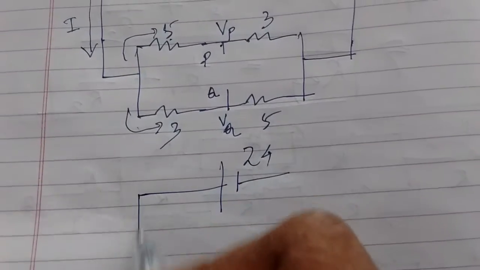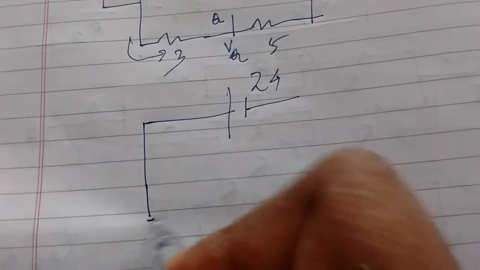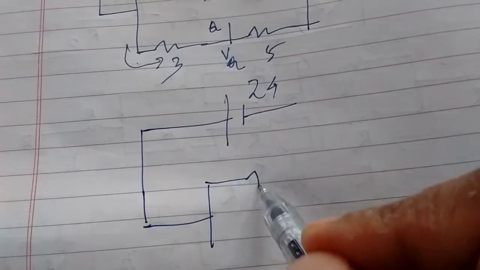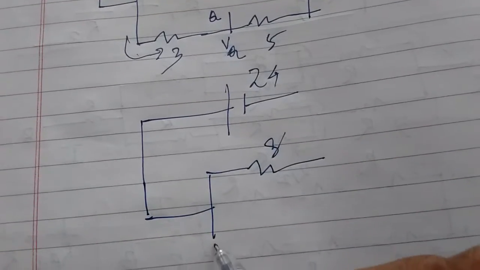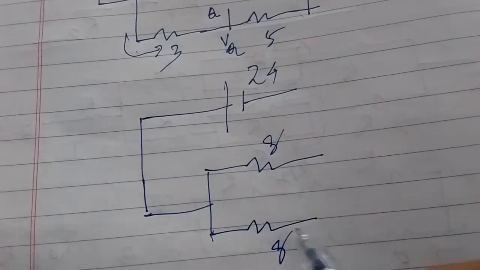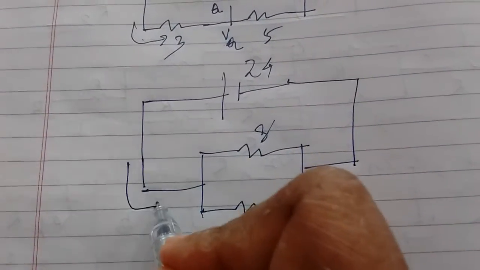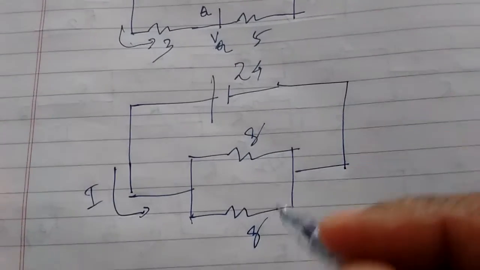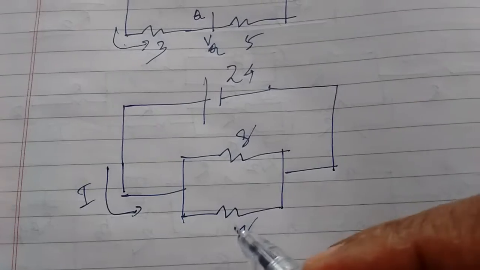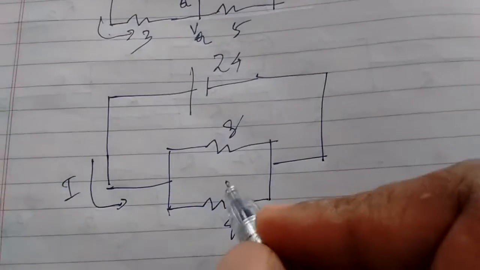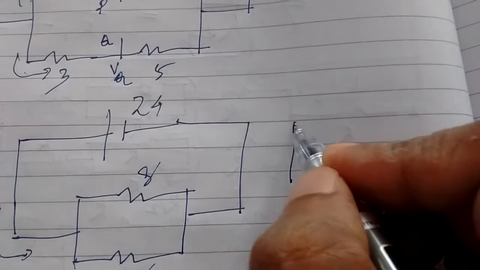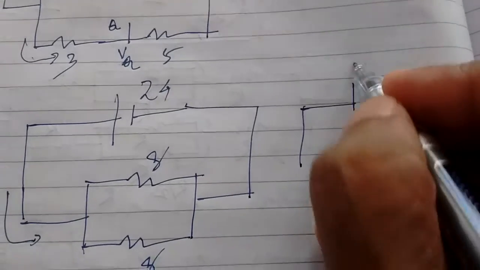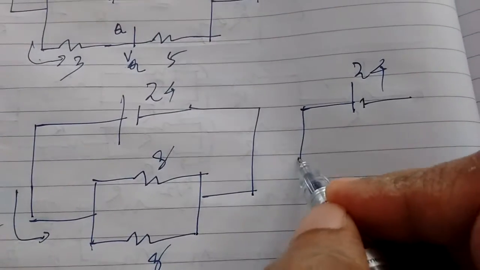So in the new circuit, this is 24, 8, 8. Now this is the total current I. The two 8s are in parallel, so the equivalent resistance will become, let me again draw this, 24.